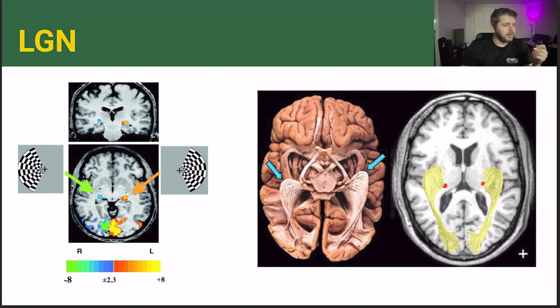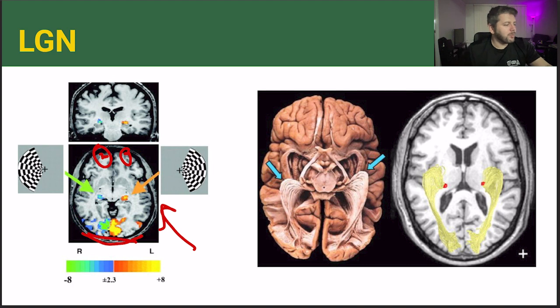And here is an fMRI demonstration of how we can detect this lateralization of inputs. Here we're actually looking down on the brain in this plot. If you can imagine that we would have the eyes here, and this is the back of the brain in primary visual cortex.